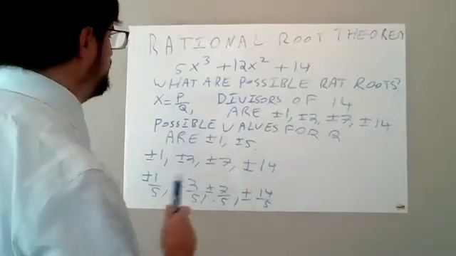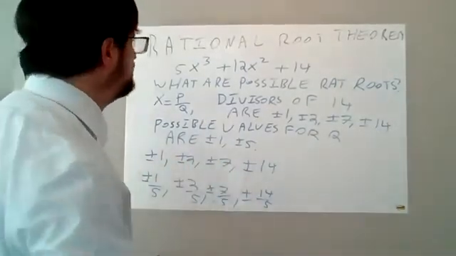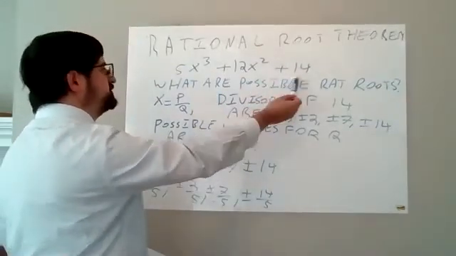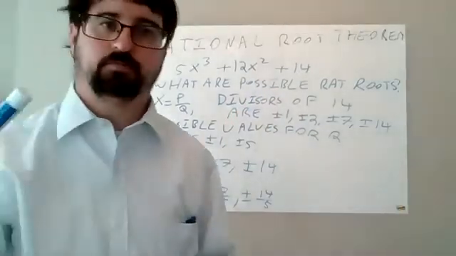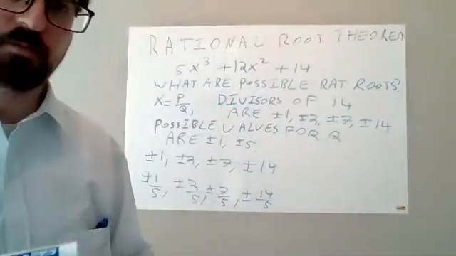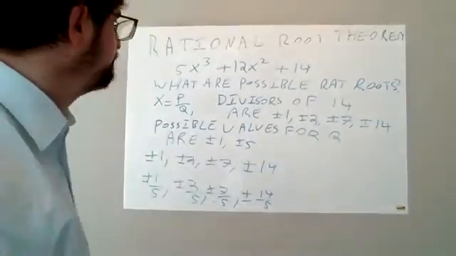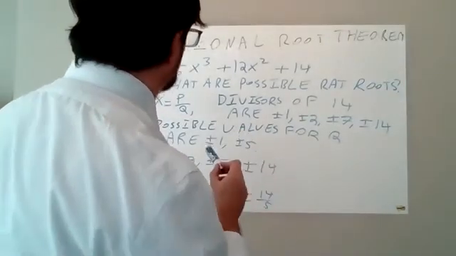Think for a moment, are there any of these we can rule out immediately, that cannot be roots of this polynomial, that cannot be solutions to this quantity being 0? If you want, feel free by all means to pause the video and think about it. All right. Here is the thing we're going to notice.